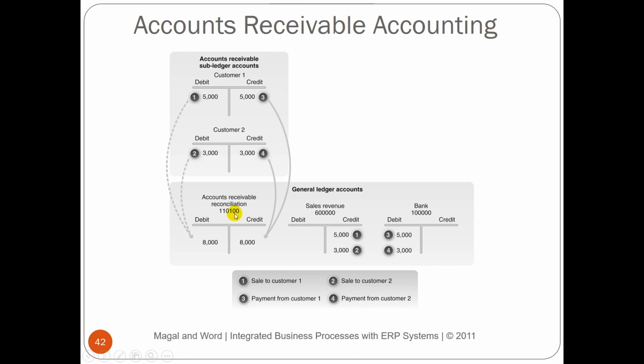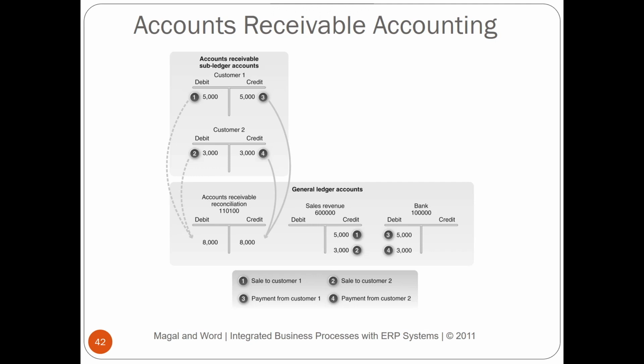So in this scenario, GBI sells bicycles to customers on credit for 5,000 and 3,000 USD, and then they receive the payments at a later date. These sales are steps 1 and 2, and the relevant accounts are sales revenues and the individual customer accounts.